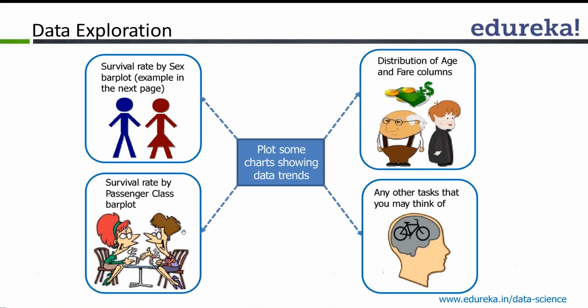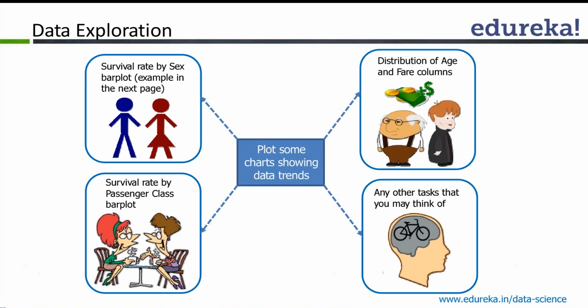And similarly, you can plot the survival rate by passenger class to understand really if the passenger class has a role to play in predicting survival rate. So imagine I plot survival rate by each passenger's class.